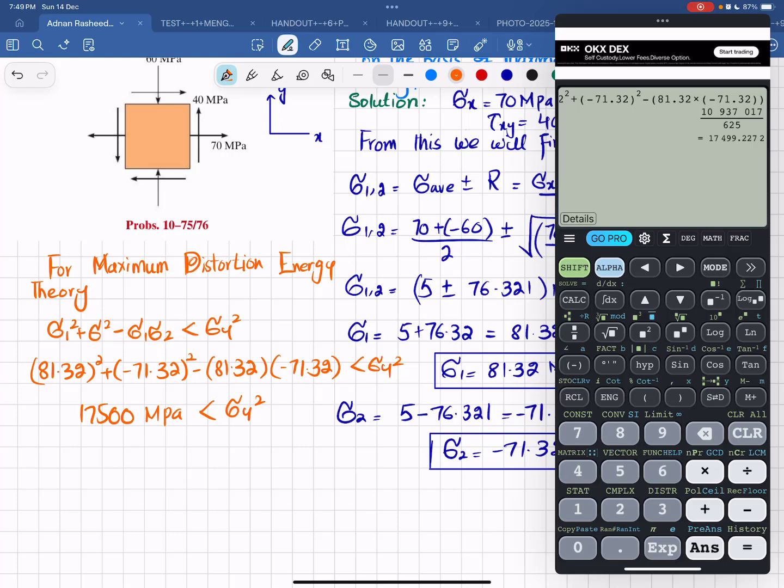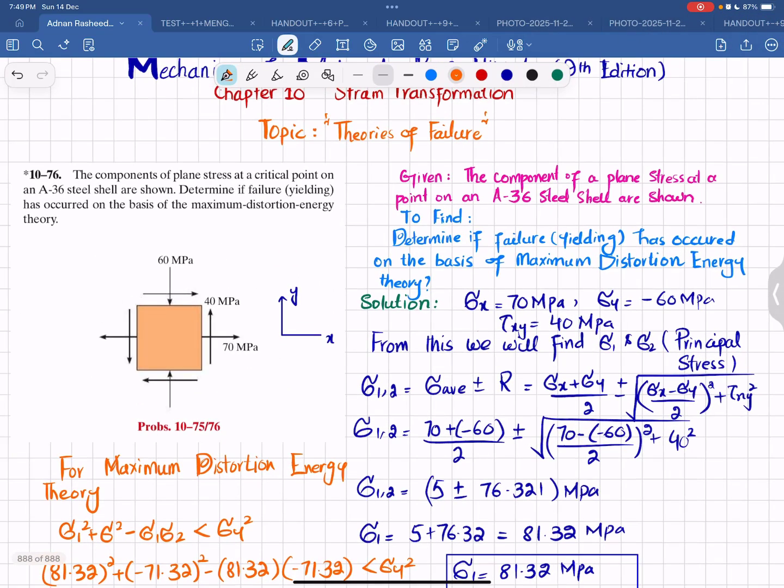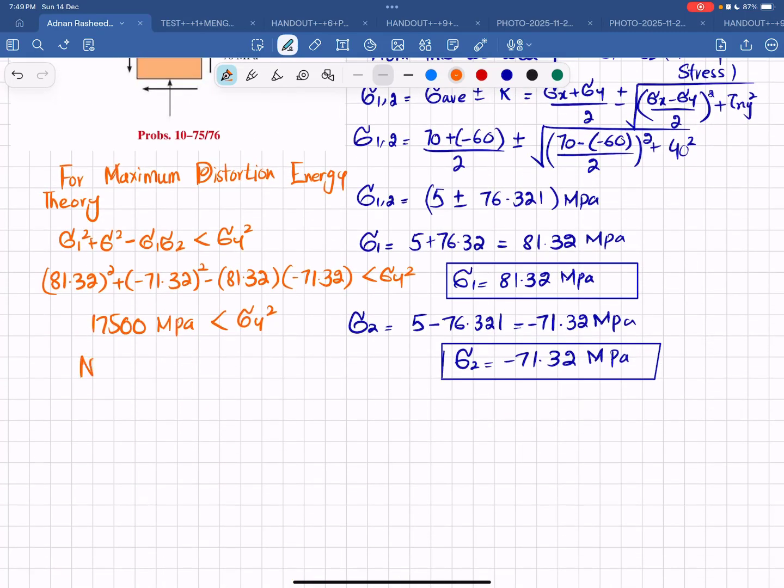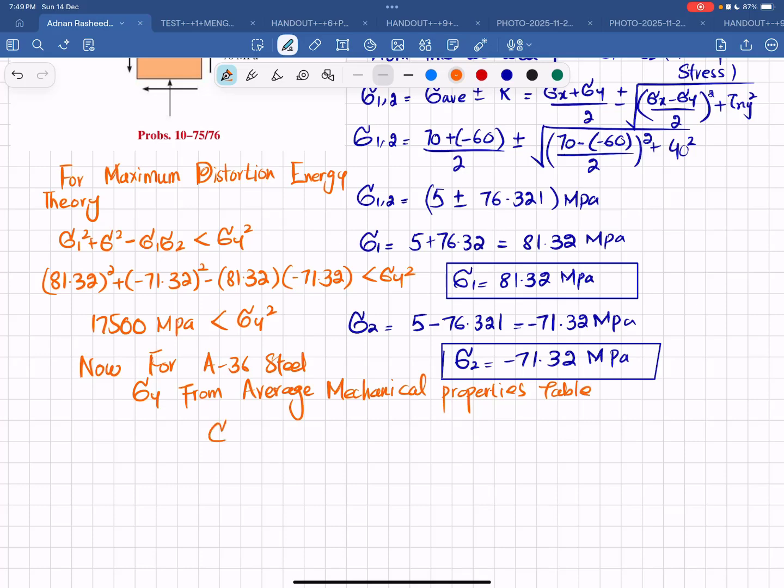Okay, now we have been given that this material is A36 steel. So for A36 steel, we will find sigma y from the average mechanical property table that is given at the end of this book. So let's move and find this sigma y.